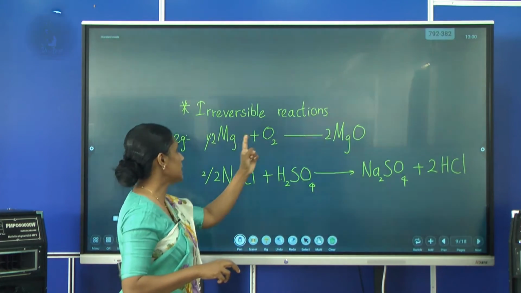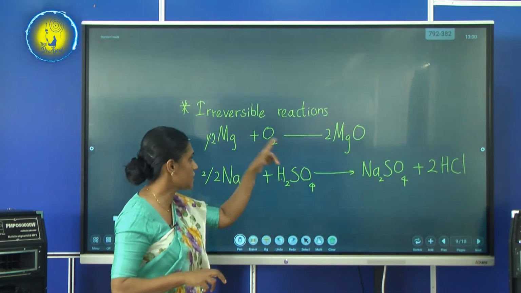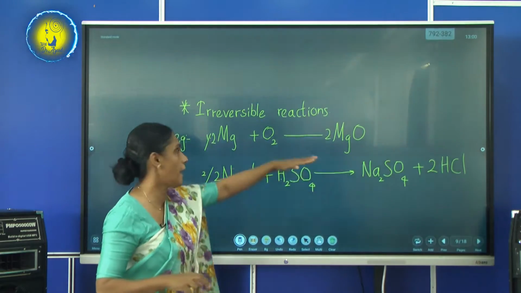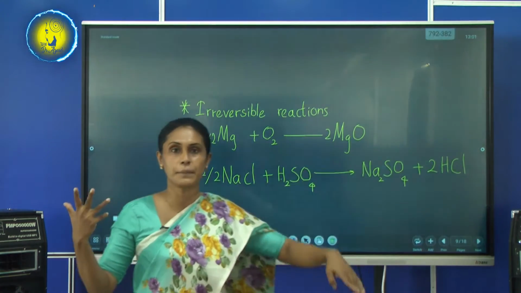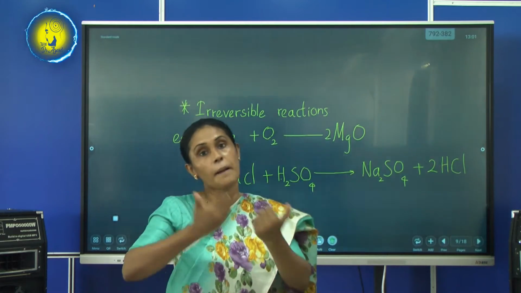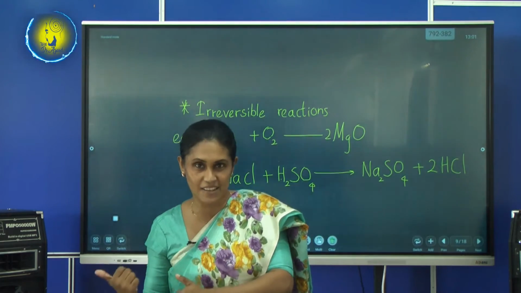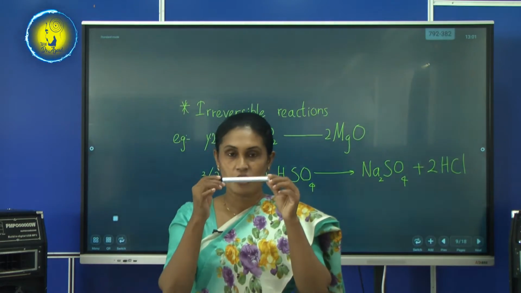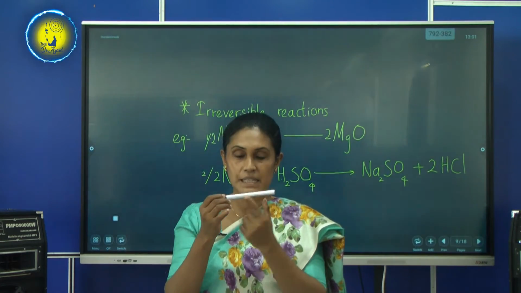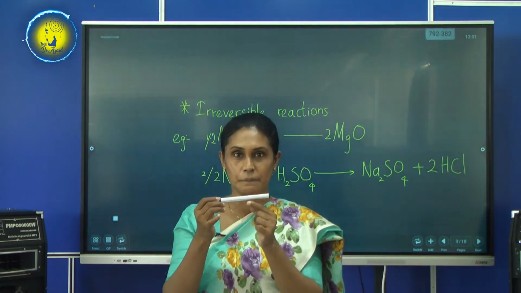One is magnesium burned in the air with oxygen gives you magnesium oxide. I have balanced it, done. It cannot come back to the initial stage. Just think, this is a pen, but it is covered with aluminium.